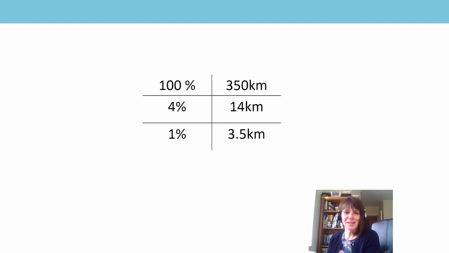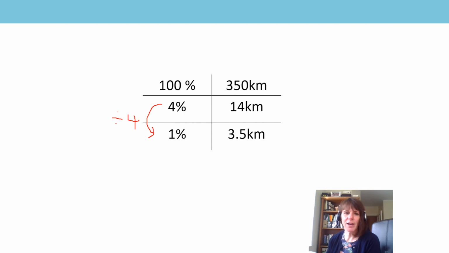So 4% of the long distance walk equals 14 kilometres. I knew that if I could work out 1%, then I could find 100%. I don't know whether you used a ratio chart, but it's really helpful because I can see here that in order to find 1%, I can divide by 4.